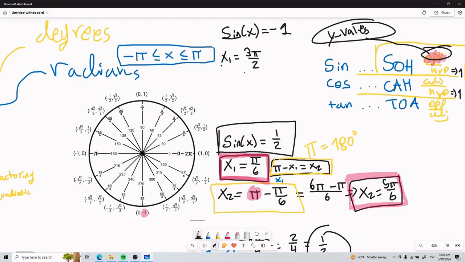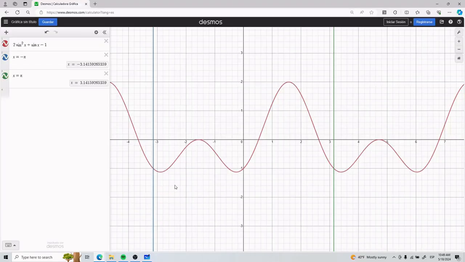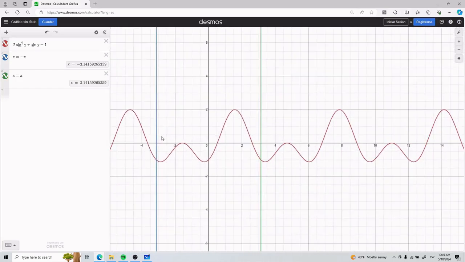Now, is 3 pi over 2 one of my answers? Is it within my domain? It's not, because your domain goes from -pi to pi. If you want to see it graphically, my domain is enclosed by the blue and green, and there is my 3 pi over 2. It is to the right of the green, so it's not within my domain, so you do not consider it.